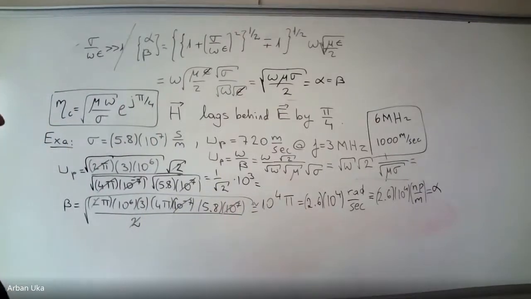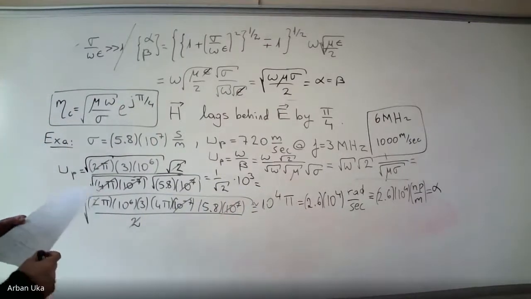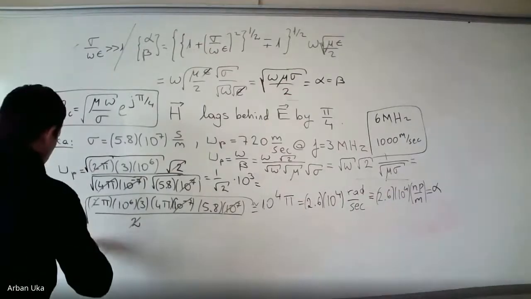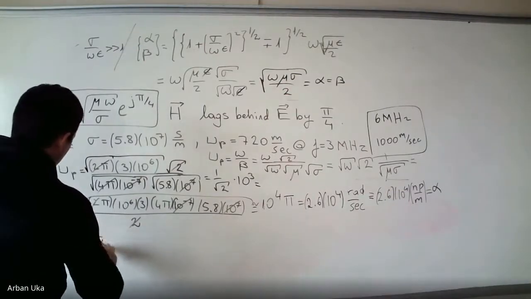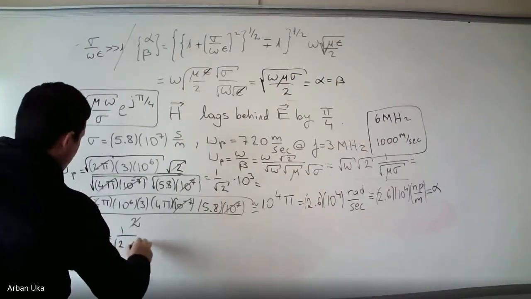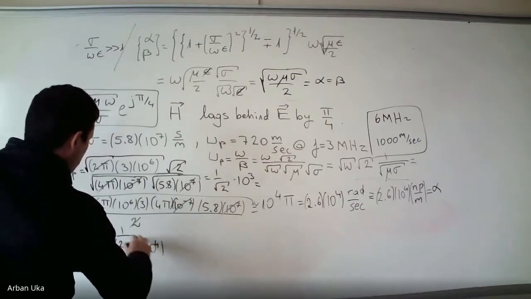Okay, that's good. So we found the alpha, and then the next possible question is, for example, what happens to the skin depth. So we can find skin depth. The skin depth is going to be something like 1 over alpha, which is equal to 1 over 2.6 times 10 to the power 4.